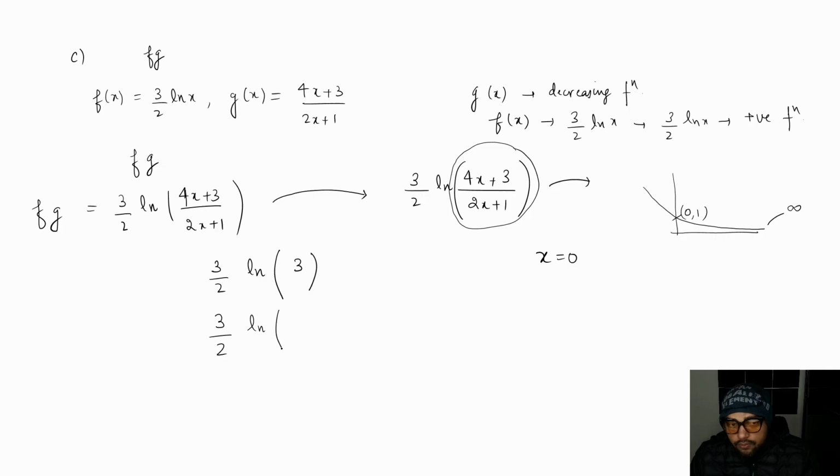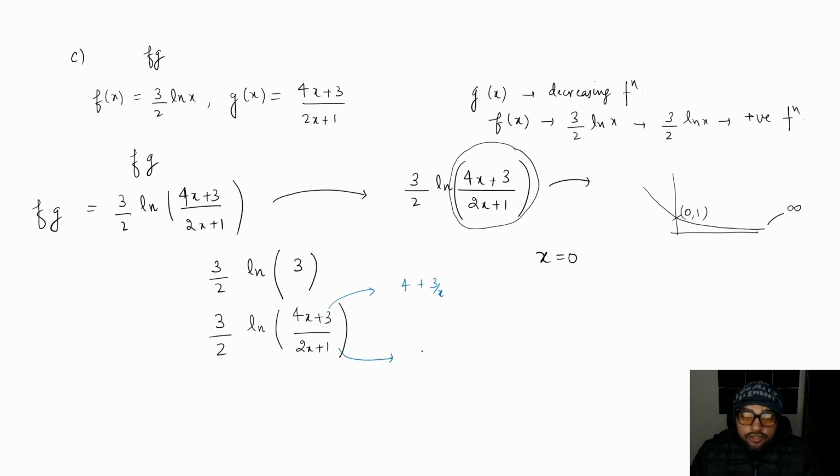I'll tell you how. (4x + 3)/(2x + 1). For this I will explain here, most of the students get confused about what we need to do. Plugging the value of x as infinity, we get (4 + 3/x)/(2 + 1/x). We are dividing the whole by x. Why are we doing this?